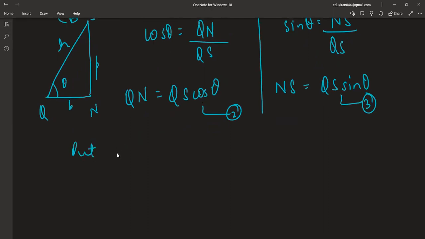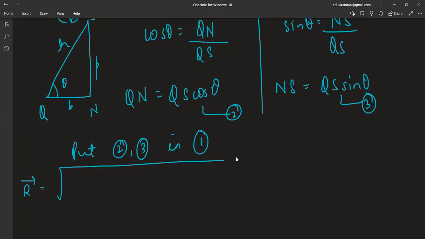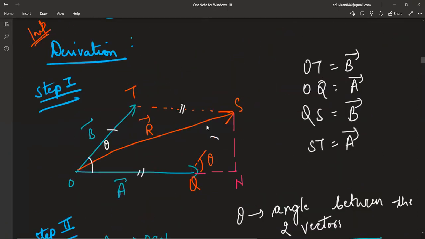Put 2, 3 in 1. So what will the resultant be? C. The resultant is this, no? OS is what? OS is actually the resultant, right?